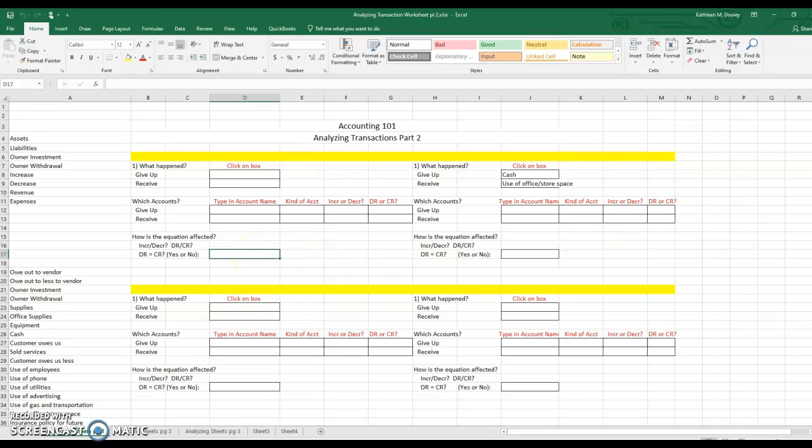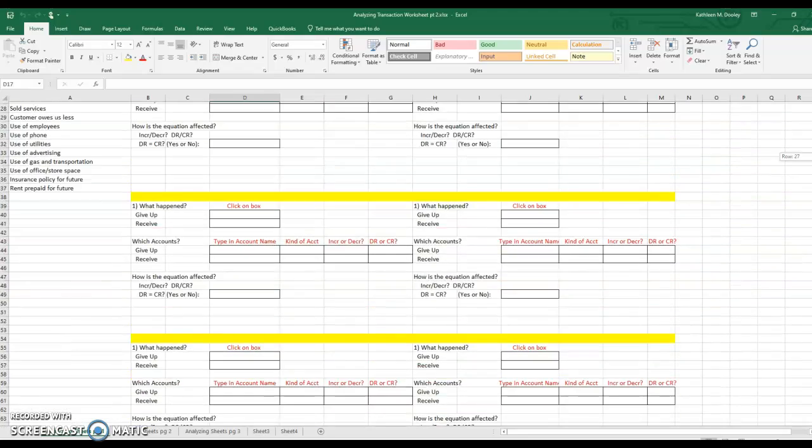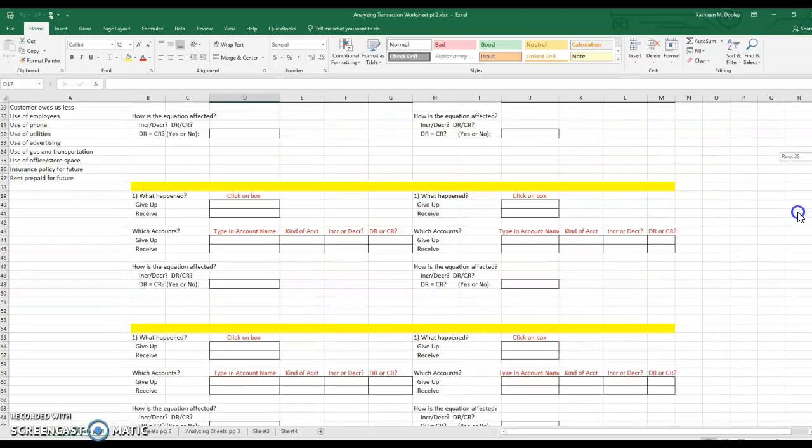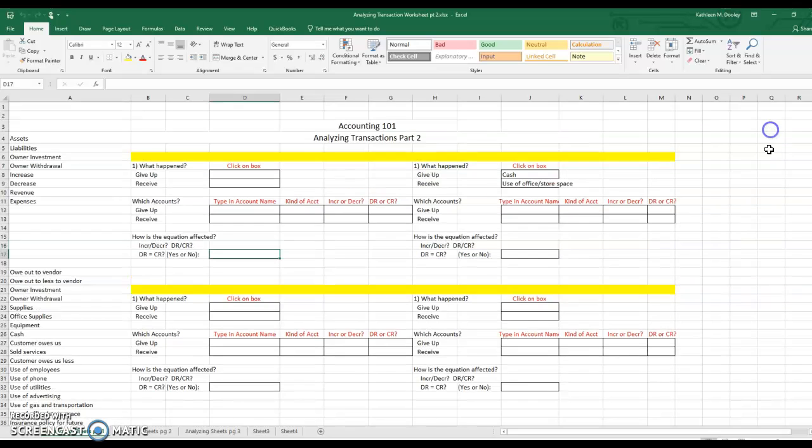So this Excel template gives you 1, 2, 3, 4, 5, 6, 7, 8 different sections, 8 different transactions that can be analyzed. And here we have analyzing sheets part 1, part 2, and part 3.